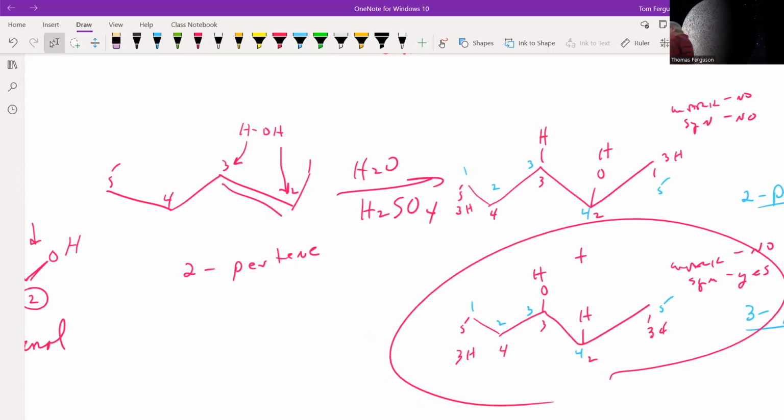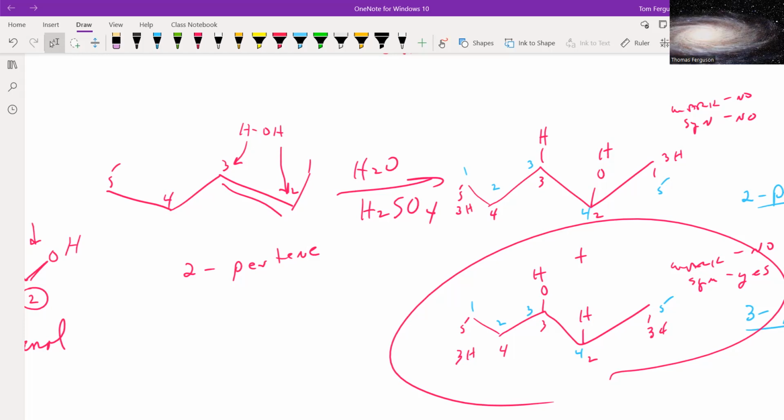So those are the 4 types of addition reactions. We have H2, Cl2, HCl, and HOH, or water. 4 addition reactions across the double bond. Why does it work? I'm going to ask you this question. If in doubt, what should you always say about why something works or not?